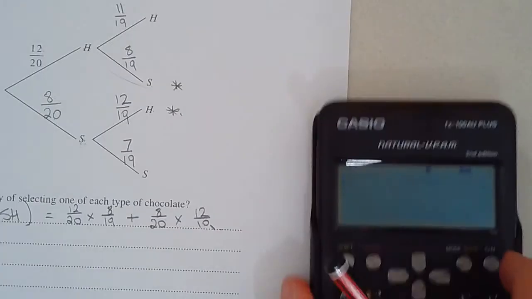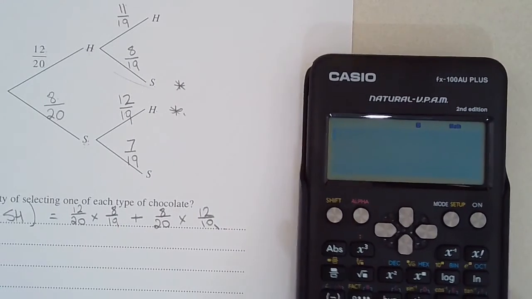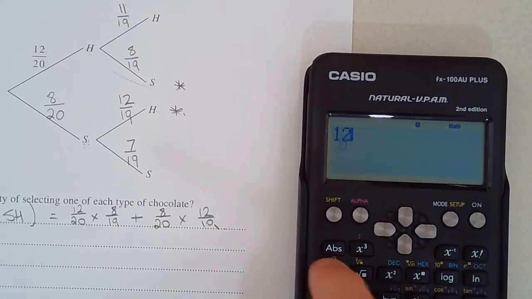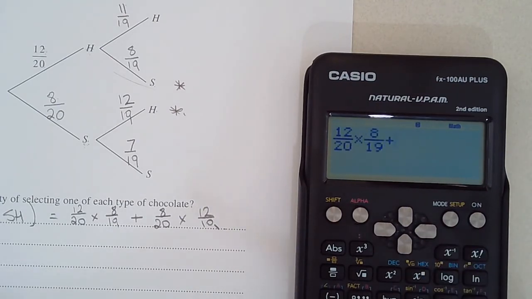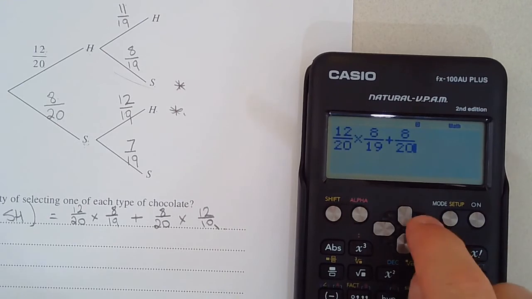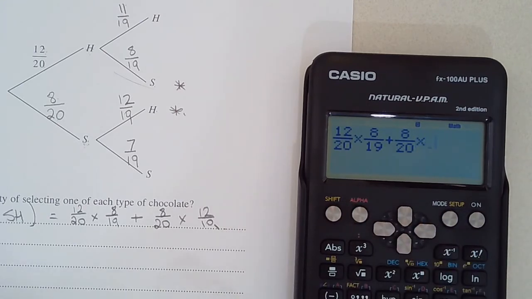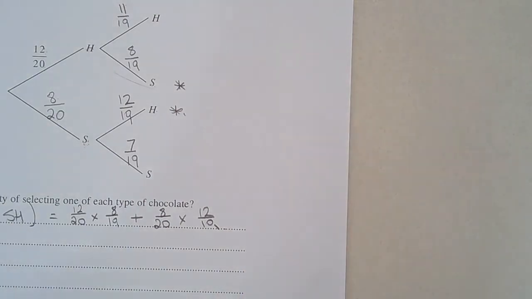Okay, so let's evaluate that and see what we come up with. 12 on 20 multiplied by 8 over 19 plus 8 on 20 multiplied by 12 over 19, and we get 48 over 95.